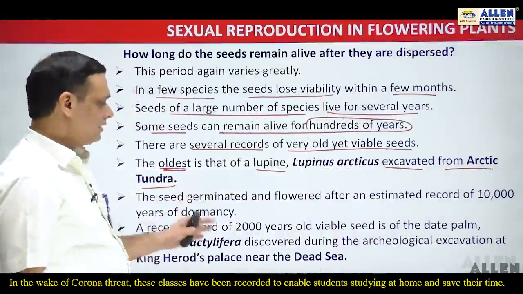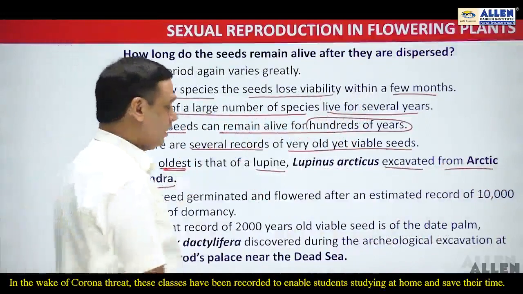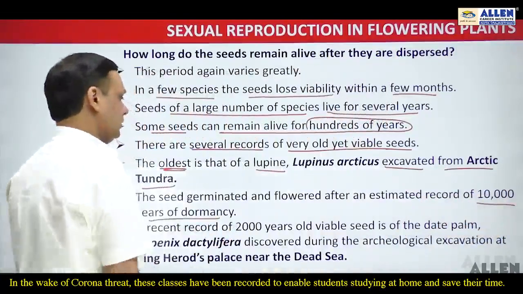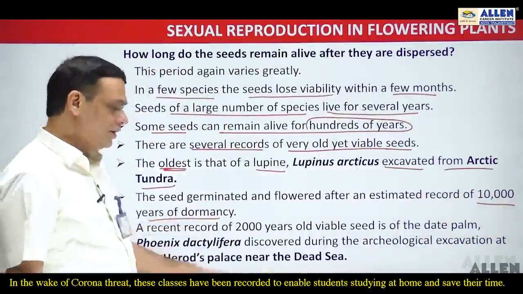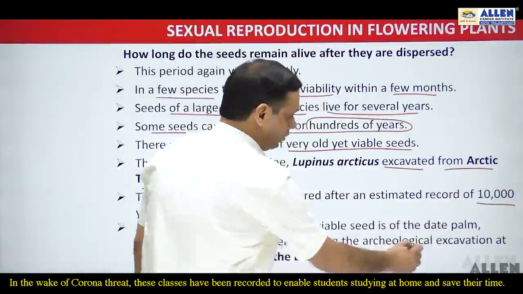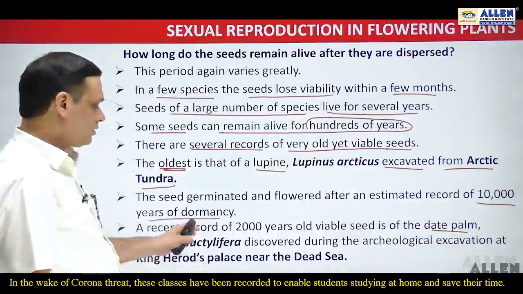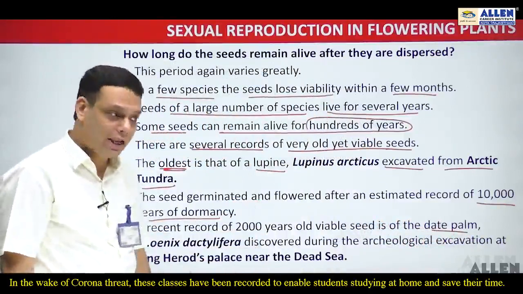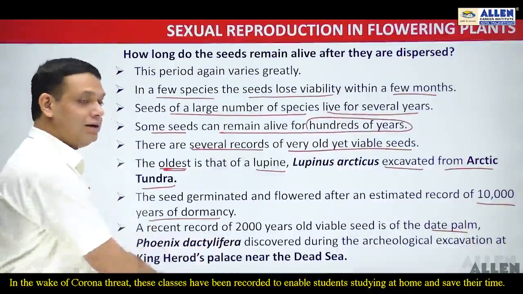These seeds germinated and flowered after an estimated record of about 10,000 years of dormancy. Another important example is a recent record of 2,000 year old viable seeds of the date palm, Phoenix dactylifera, discovered during archaeological excavations at King Herod's palace near the Dead Sea.